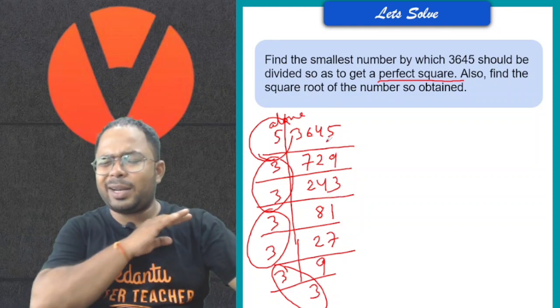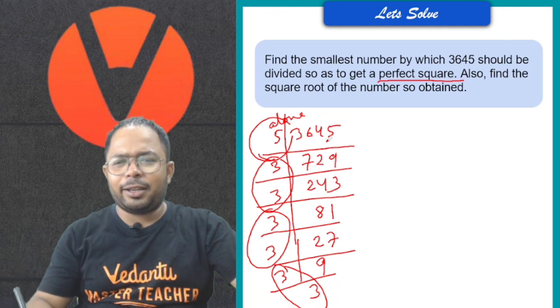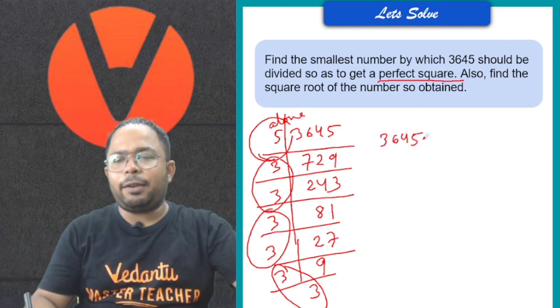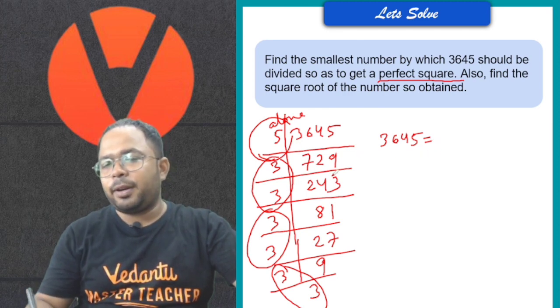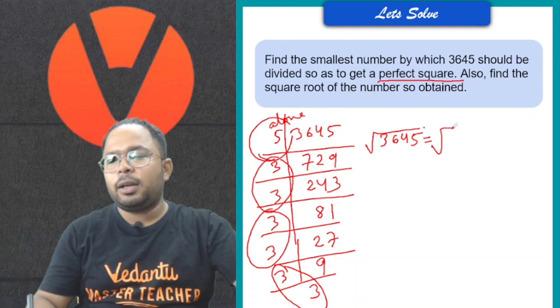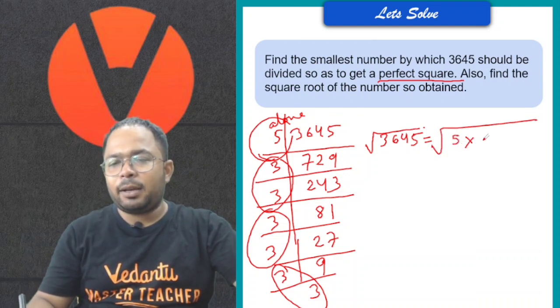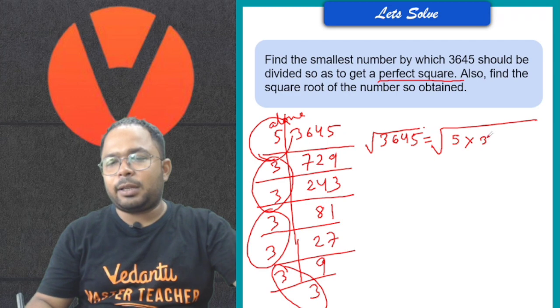So let's remove it from the roots, जड़ से हटा देते हैं. 3645 was giving 5 as an extra, right? When we do the square root, 5 was coming as an extra player and 3 was coming in an even number: 1 2 3 4 5 6, 6 times 3s were there.